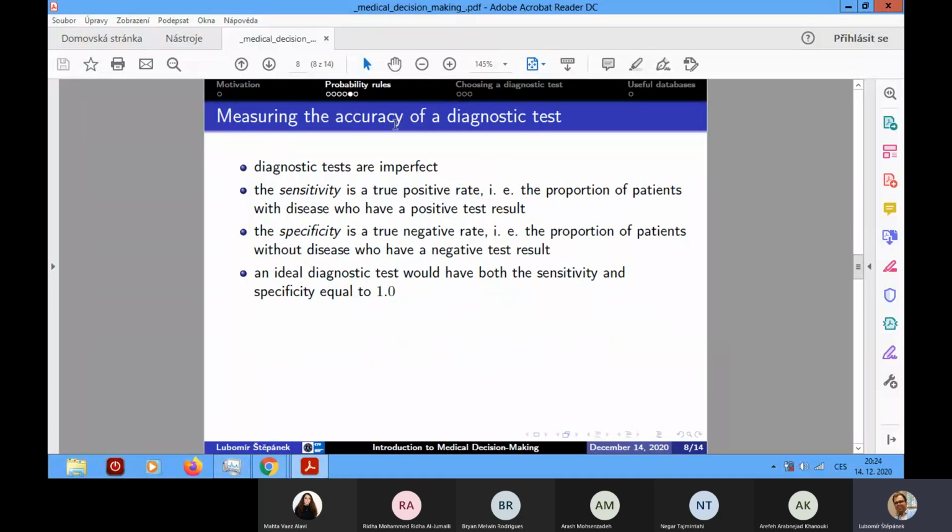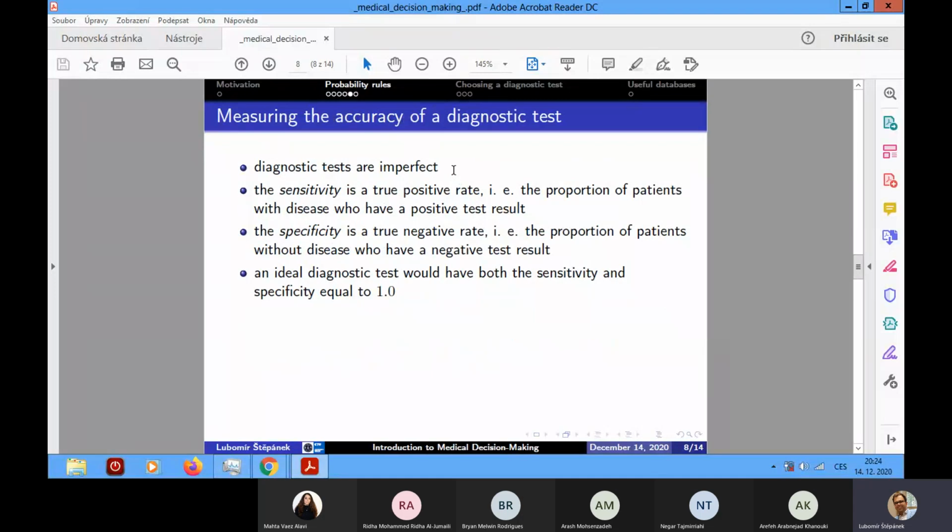Okay, so, measuring the accuracy of diagnostic tests. As I told you, diagnostics are absolutely imperfect, and there are both kinds of errors. We could have healthy patients who get positive test results, so they are falsely positive.